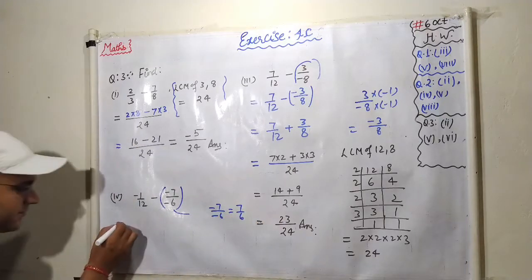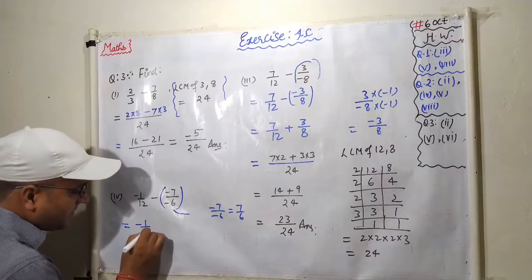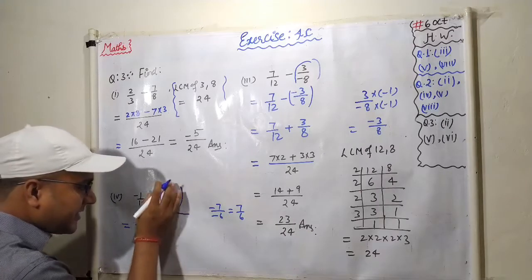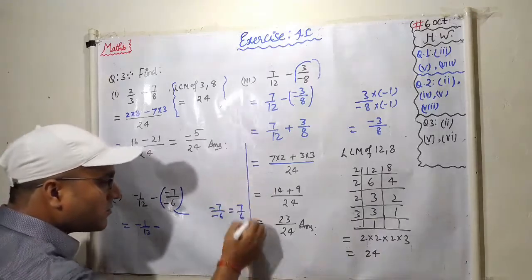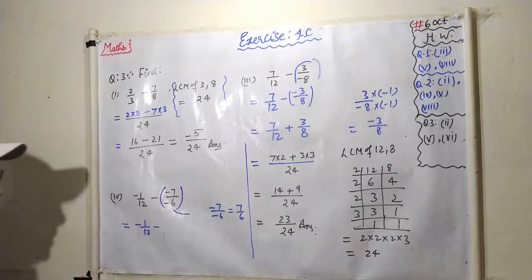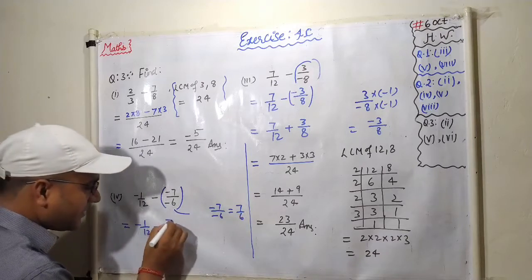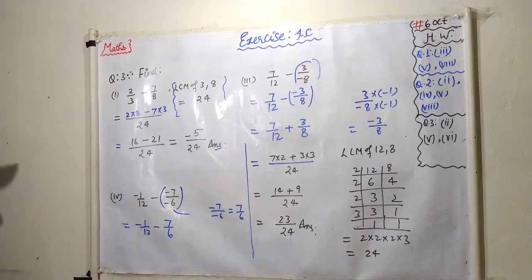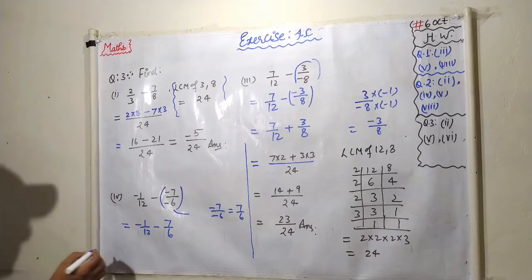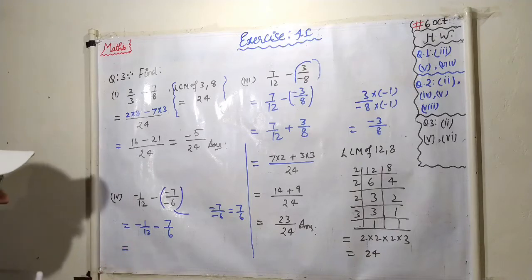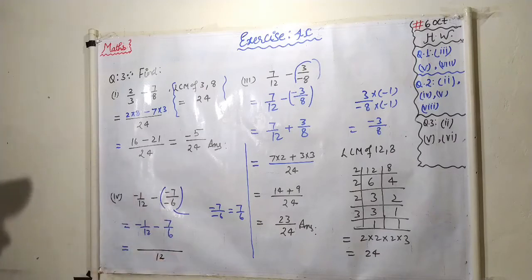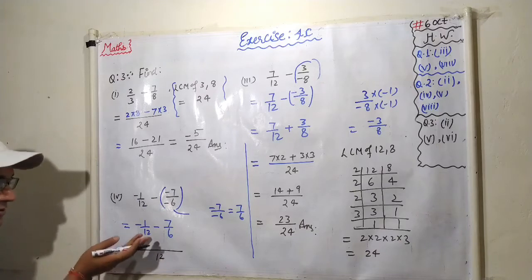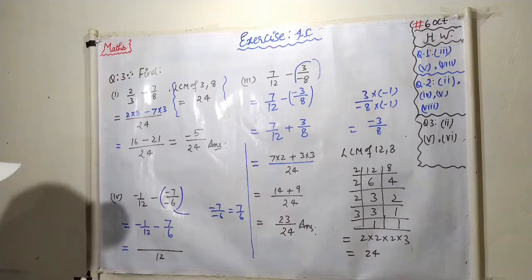So in the next step, minus 1 upon 12 minus, in place of minus 7 upon minus 6, I'm going to write 7 upon 6 only. And you will take the LCM of 12 and 6, which you will get as 12, students.